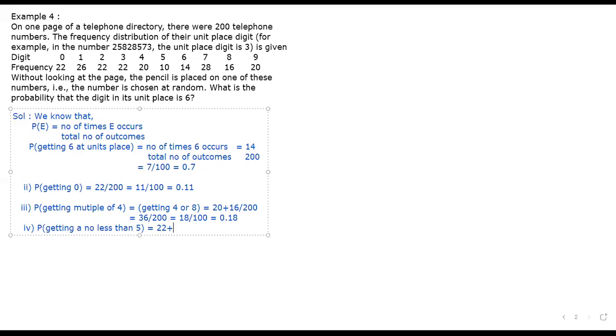So 22 plus 26 plus 22 plus 22 plus 20, are you understanding, divided by 200 is equal to how much? 112 upon 200, which is equal to 56 upon 100, which is 0.56. Yes or no? Yes.